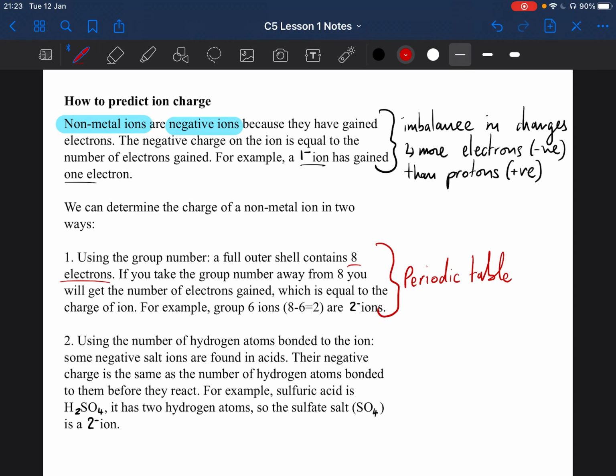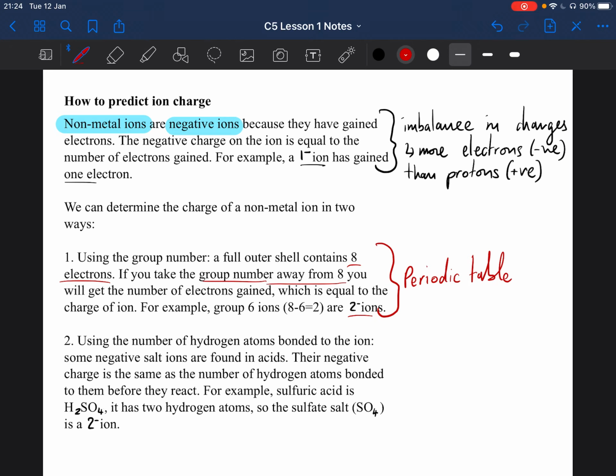So you can work out the number of electrons that an atom can gain by taking your group number away from 8. For example, if you have a group 6, you would do 8 minus 6, which tells you that it's a 2. So it can gain 2 electrons, so it's a 2 minus ion. If you have group 7, it's 8 minus 7, which would be 1 electron, so it would give you a 1 minus ion.